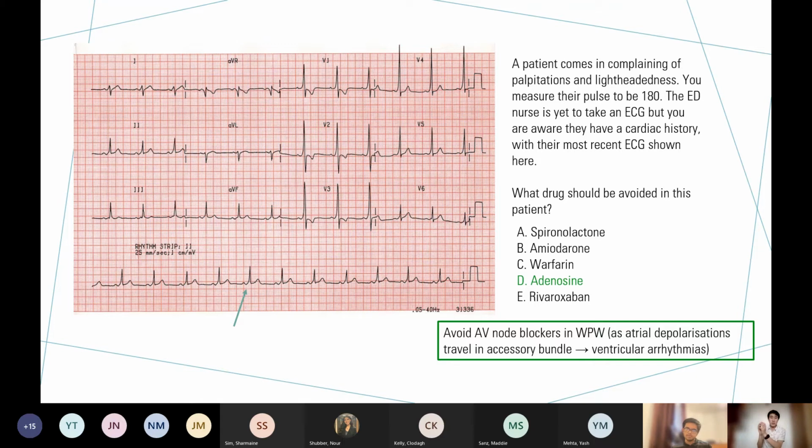Our AV node is a really good filter. That's why in atrial fibrillation, we only see a QRS every so often. It's not transmitting all of the atrial signals. If we block that and leave the shortcut, then all of the atrial depolarization just goes straight through to the ventricles. So that means you can trigger ventricular arrhythmias and then asystole and awful things. So you need to avoid AV node blockers in anyone with Wolff-Parkinson-White.